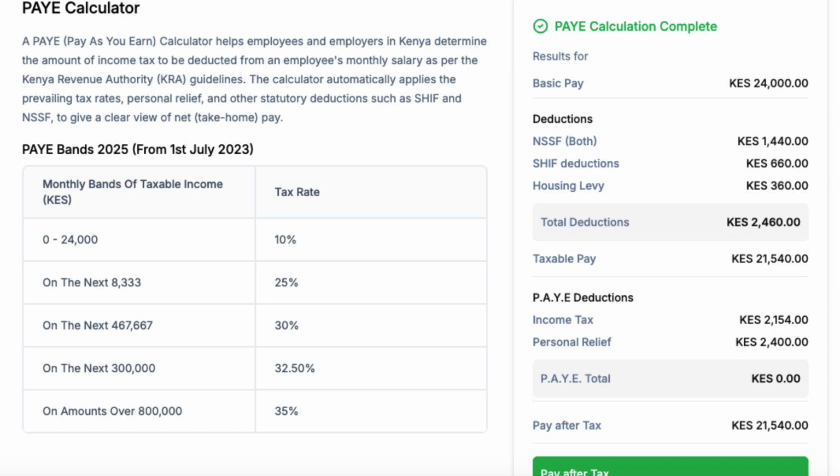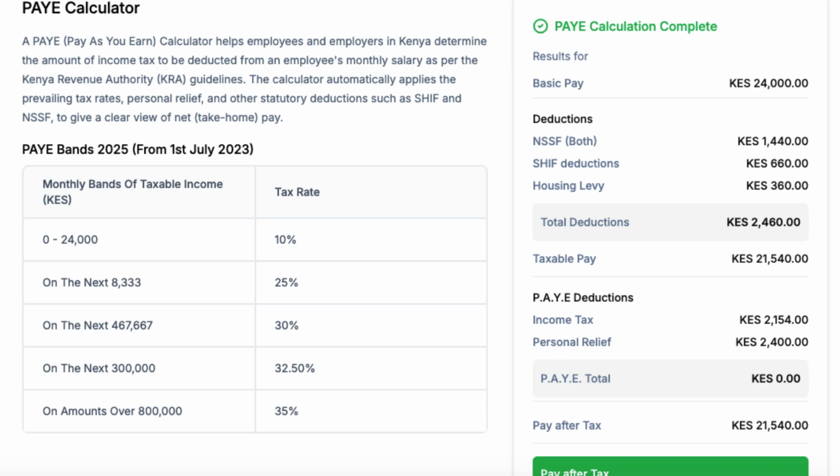This is where it comes from because PAYE will always be zero if the salary is 24,000 and below. However, remember that zero PAYE does not mean zero deductions. There's a difference between PAYE and other deductions.